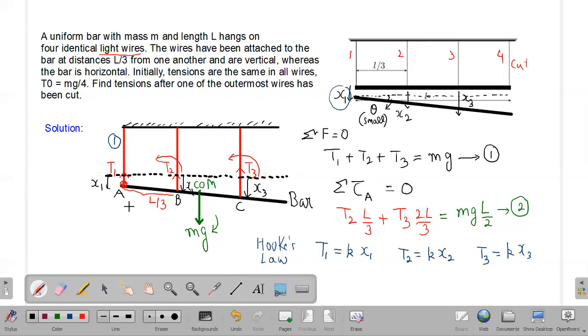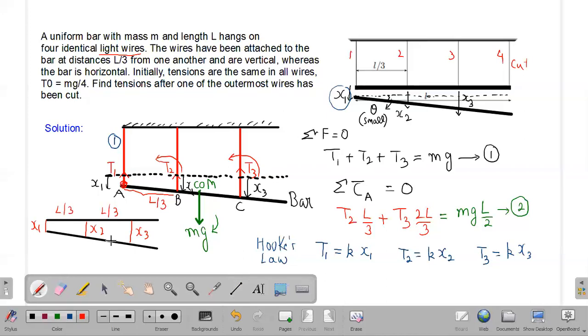So if you follow similarity between the triangles, which triangle? We have a figure like this. We have a straight line, and then we have this inclined line, and then we have this distance as x1. Then at a distance of L by 3 we have x2, and then at a distance of 2L by 3 we have x3. These distances are L by 3 and L by 3.